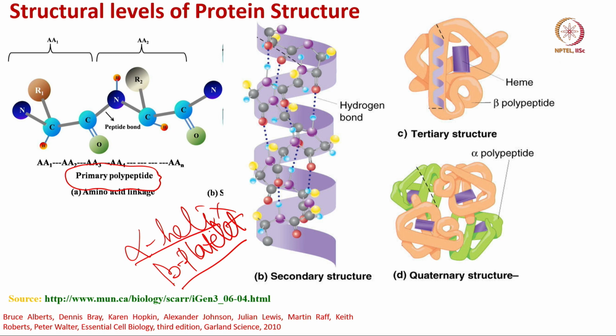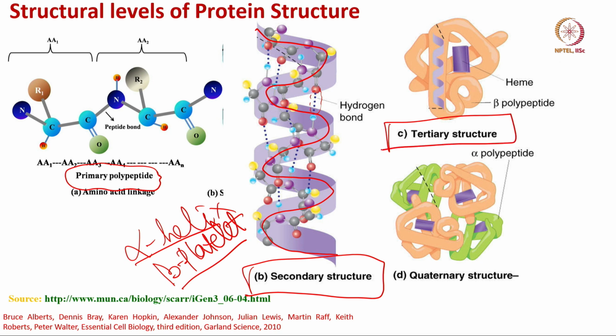In the alpha helix type of structure, you see a helical pattern, and in this helical pattern the different amino acids are also joined together by hydrogen bonds. Any time in a cell biology, chemistry, biochemistry or biology book, if you see dotted bonds, these are essentially weak bonds, hydrogen bonds or van der Waals bonds. So, you have the secondary structure, the alpha helical or beta pleated sheet structure.